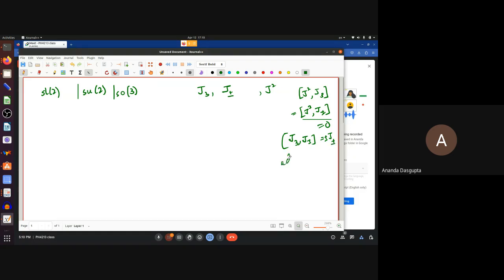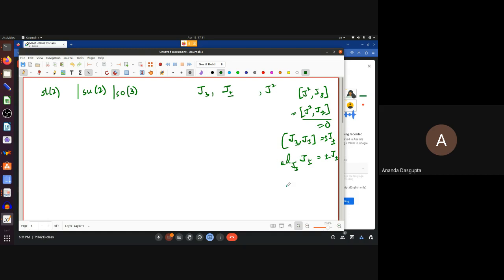Or in other words, in the language of the adjoint operation, what you can see is J plus minus are actually eigenstates of the adjoint J3, right? With eigenvalue plus 1 and minus 1 respectively.